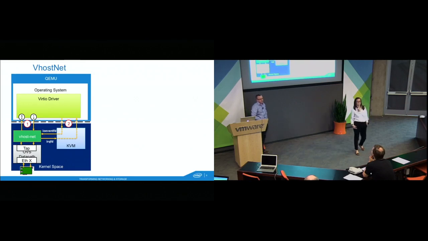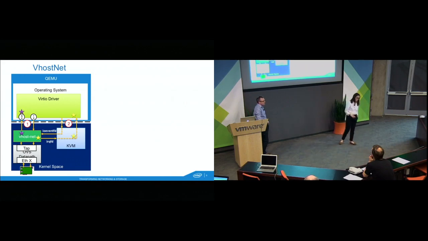This accelerates packet delivery to the guest by reducing the number of copies and context switches required. The data path now involves a copy from the tap device to the guest via Vhost-net, and the notification path is also simplified. The tap device notifies Vhost-net of packet arrival, and then Vhost-net interrupts the guest through KVM.